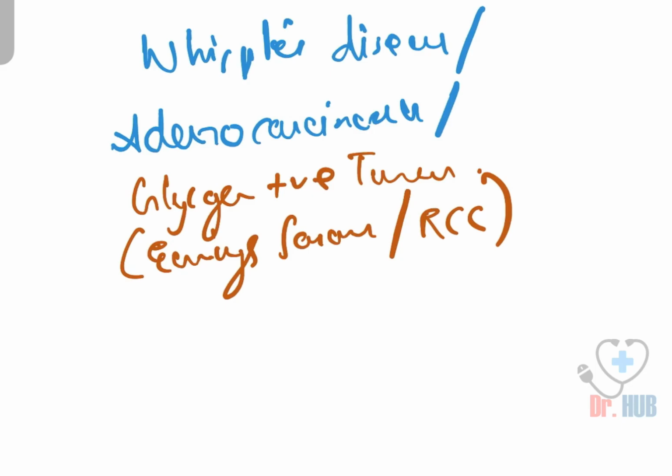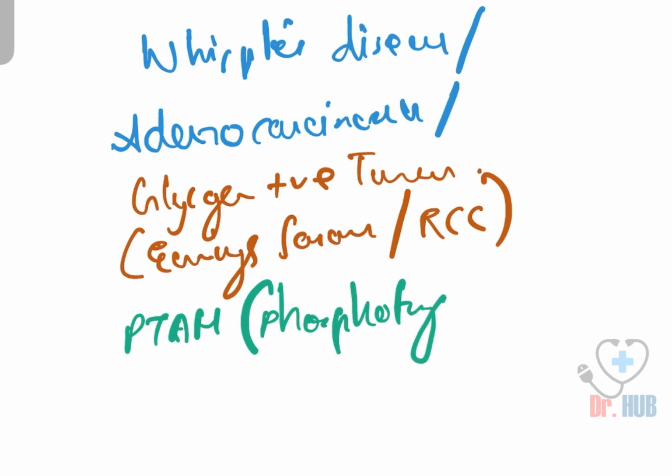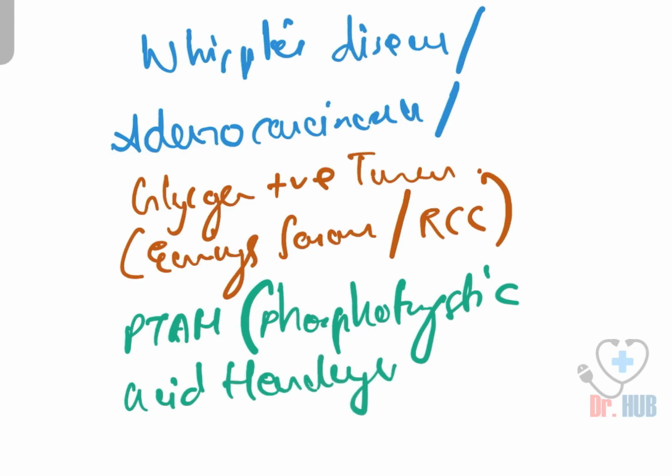Next, we look at another staining, that is the PTAH, which is phosphotungstic acid hematoxylin.